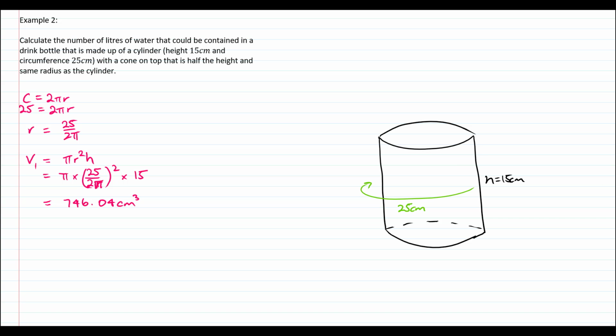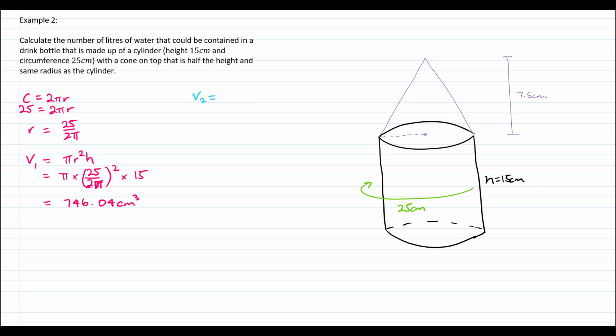Now let's build our cone on top. So a cone looks like this, and you see that the cone has a radius the same as the original one, and a height of 7.5 centimetres, half the height of the cylinder. So let's do this calculation.